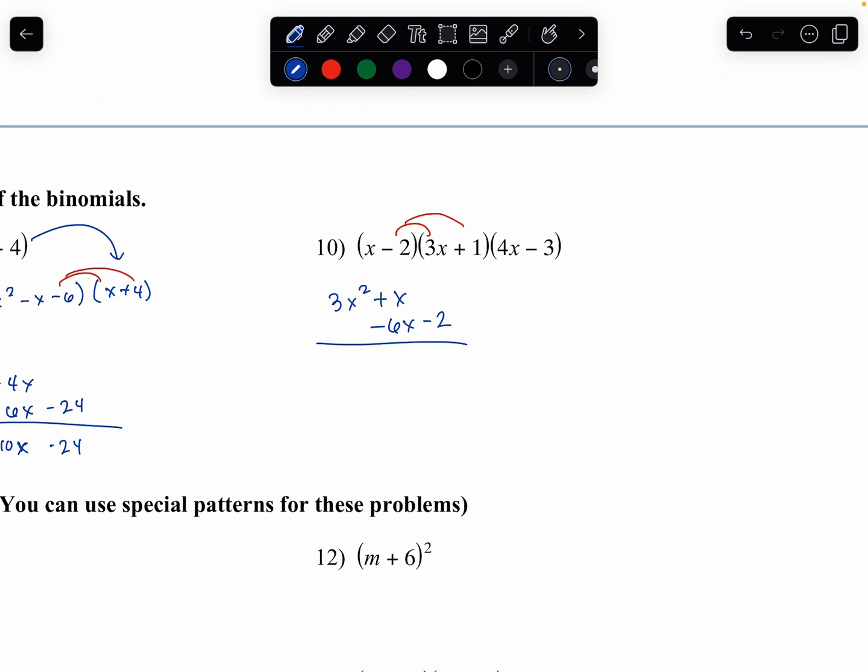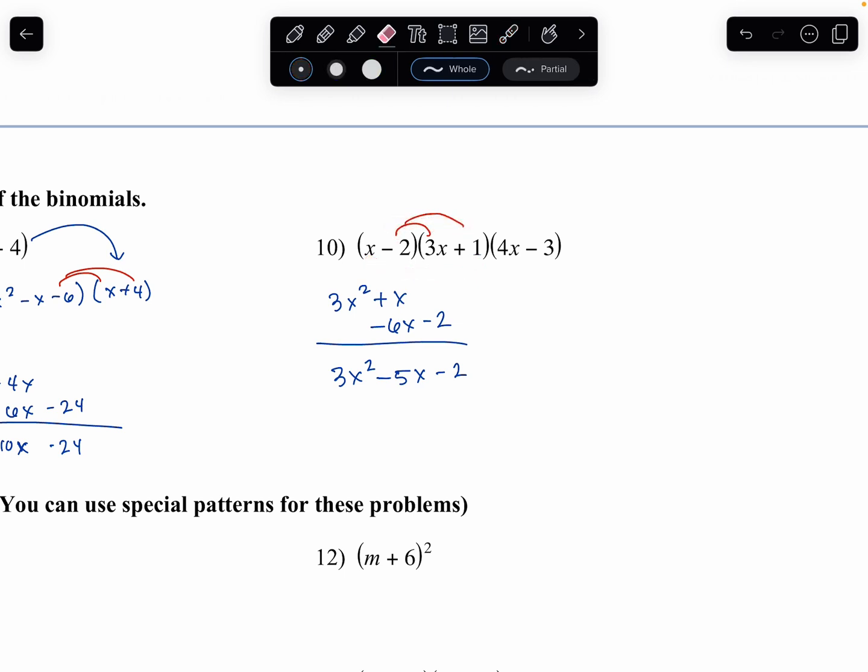So you combine those, that's going to be 3x squared minus 5x, right? Did I do that right? Yeah, I think I did that right. Minus 5x and then minus 2. So that's going to be 3x squared plus x minus 6x, so minus 5x and then minus 2.